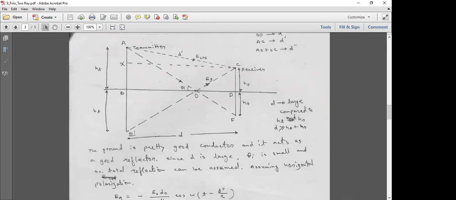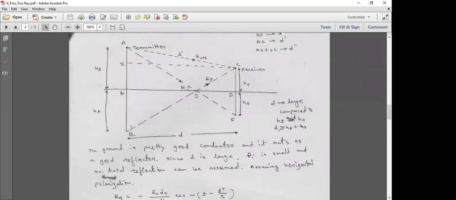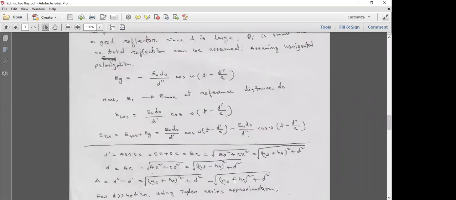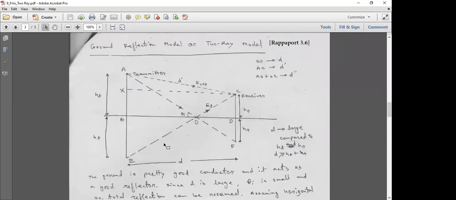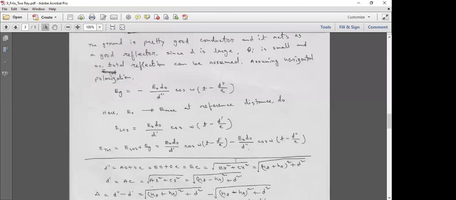So EO plus OC, or EC, that is our d double prime. Now EC we can show as, because we have a triangle with a right angle, EXC, EC equals the root of EX square plus CX square.